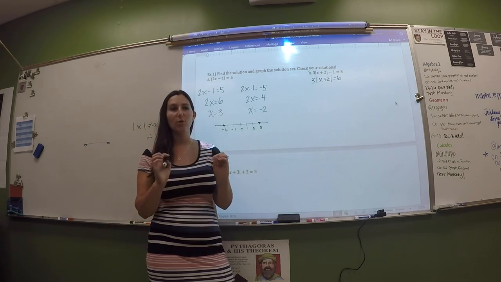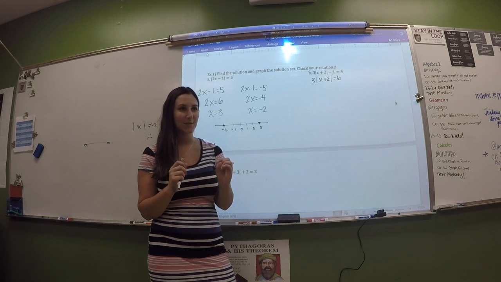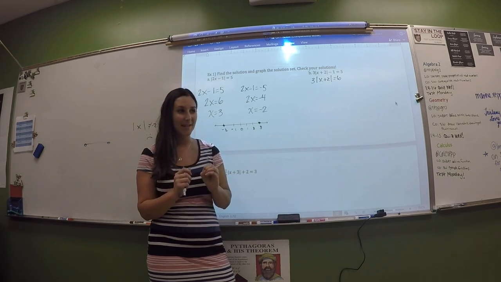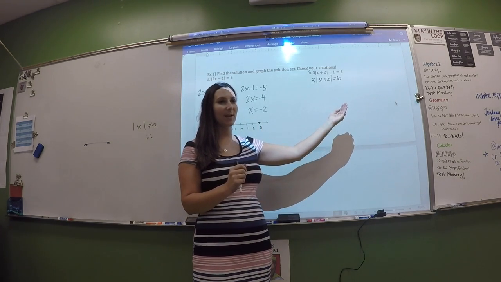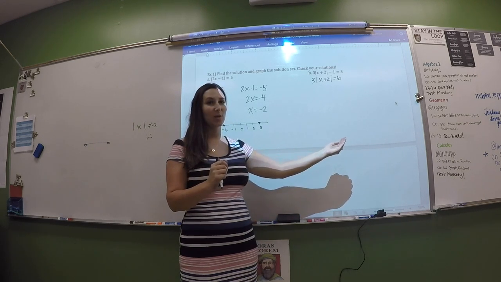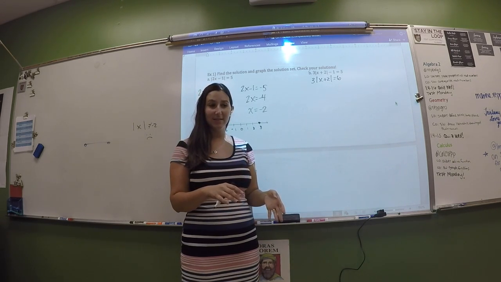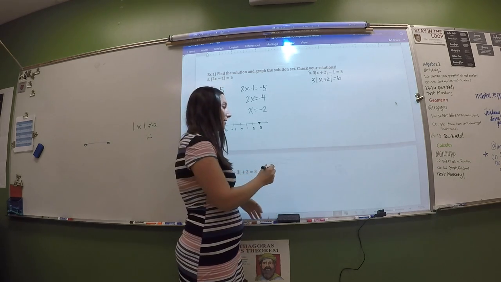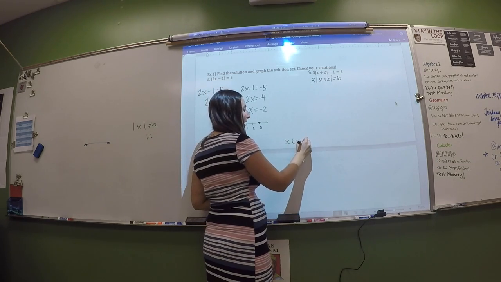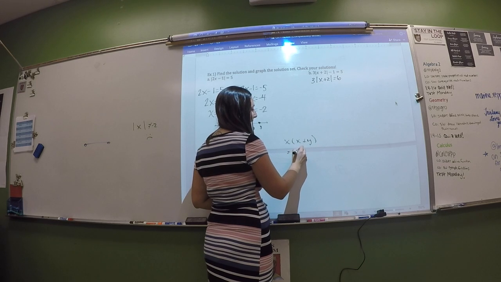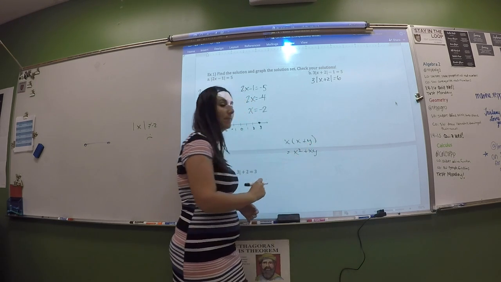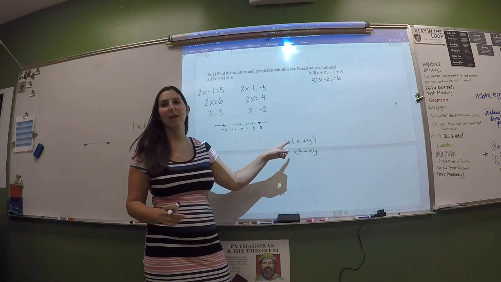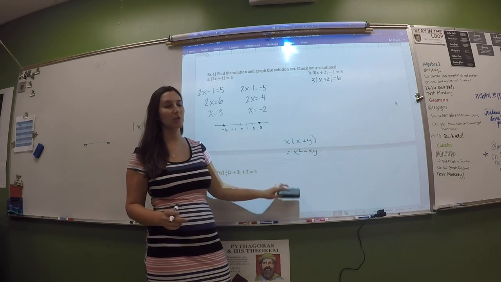Now, under no circumstances do we distribute into absolute value signs. Those aren't parentheses, right? The distributive property says blah blah blah equals blah blah blah. Those are parentheses; you're allowed to do that. That's called multiplication.